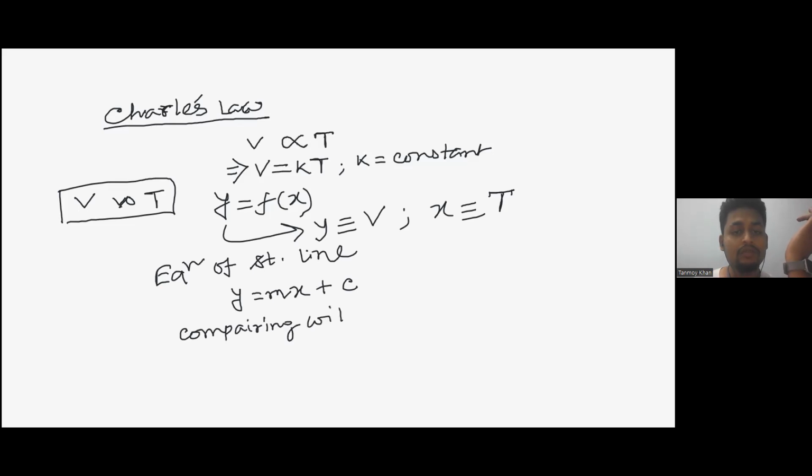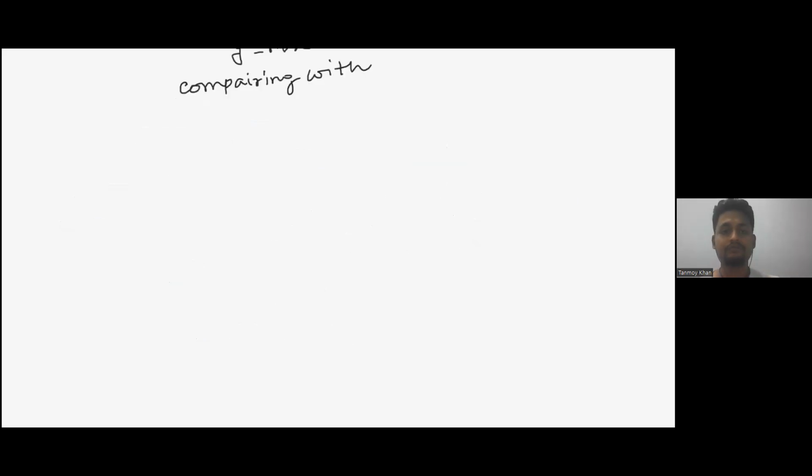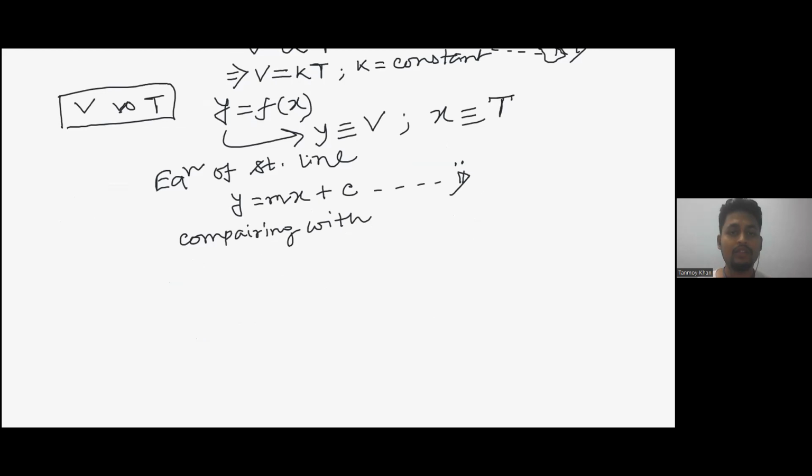Let's say this is equation one and this is equation two. Comparing equation 2 with 1, what do you get? m is equal to K and c is equal to 0.